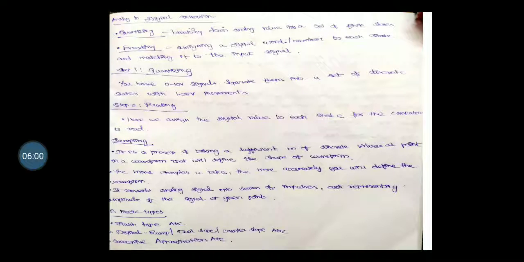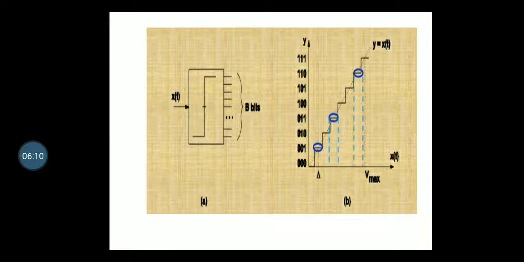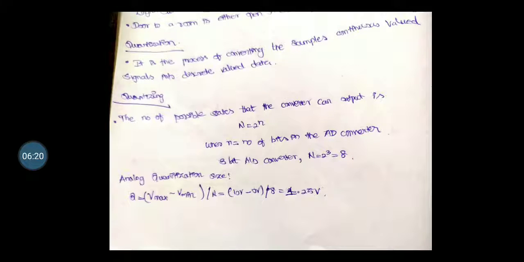For example, you have a 0 to 10 volt signal. Separate it into a set of discrete states with 1.25 increments. The finite discrete levels are obtained by the quantizing value.